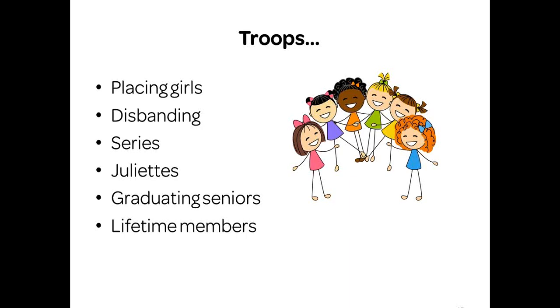Girls who are transferring from another troop or from another council, if they're currently registered, that is the next priority. Any girls who have been on a waiting list come next. And then inquiring girls. So if your daughter's BFF lives next door and suddenly wants to join your troop, you can't take that person over somebody who's been on the waiting list for 6 months. So that's what we mean by that.